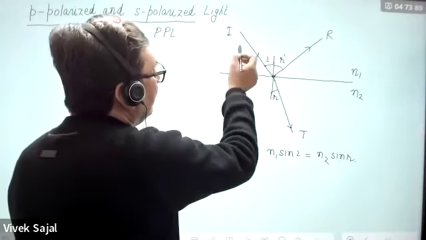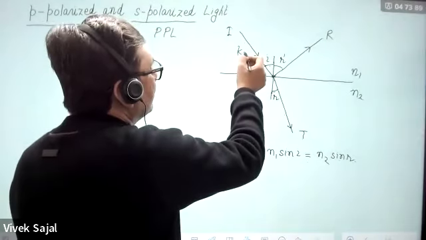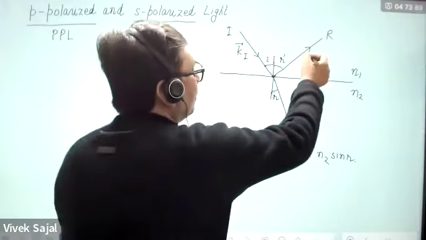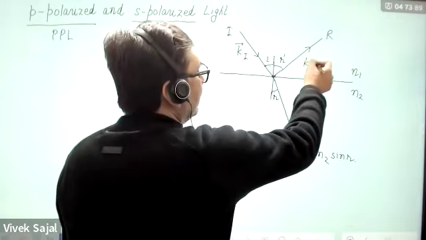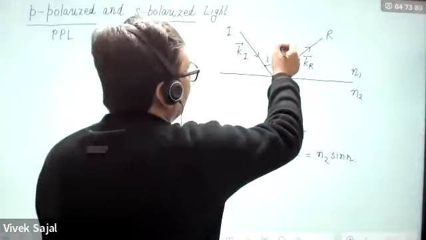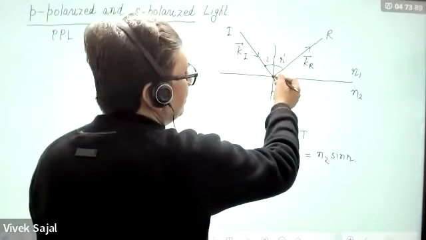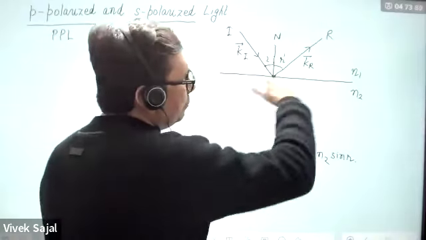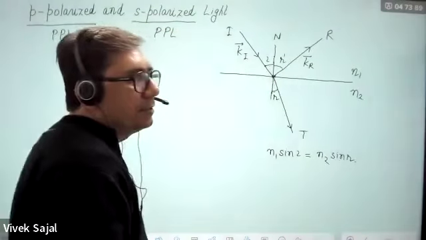Another one is that the k vector of the incident light, the k vector of the reflected light, kr, and this is the normal at the point of incidence. This is the point of incidence, and this is the normal to the interface at the point of incidence.